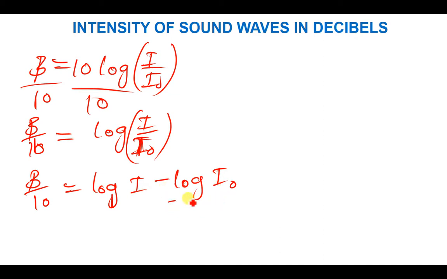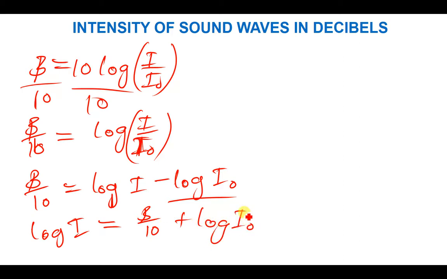We take log I naught to the other side of the equal sign, so we remain with log I on this side, equal to beta over 10 plus log I naught. Now we can make I the subject by changing this to exponential form. The log has no written base, which means it's already in base 10.